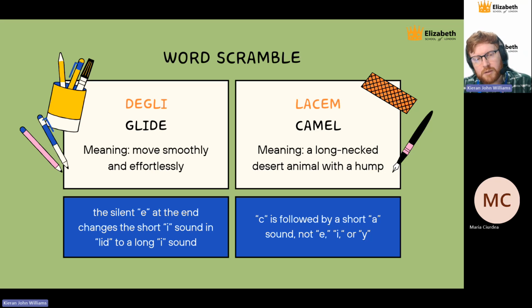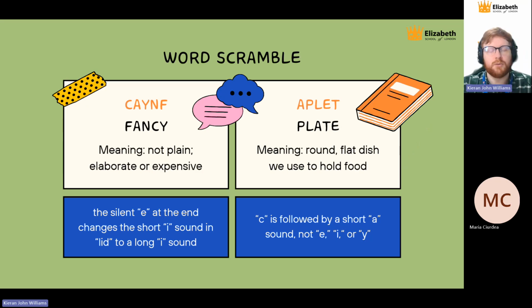And for this one, you told us that it was camel. All right, good. It comes before the letter A, so we use a C instead of a K. The other word we had was this one, C, A, Y, N, F, which meant expensive or something like that. The word is fancy.